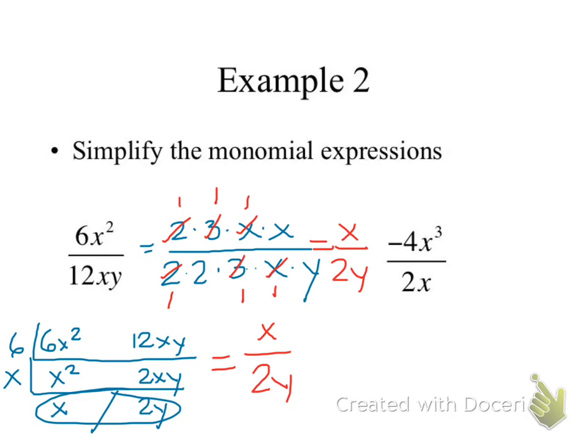This other one has negative 4x cubed. Okay, so in this case, since the whole thing is going to be a negative fraction, I'm not really concerned where you put the negative. In most fractions we just put it right there and put the fraction bar to the side of it. Then we can factor out 2 times x times x times x, and here we just have 2 times x.